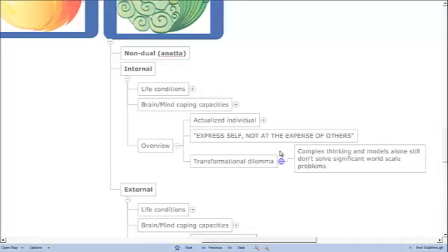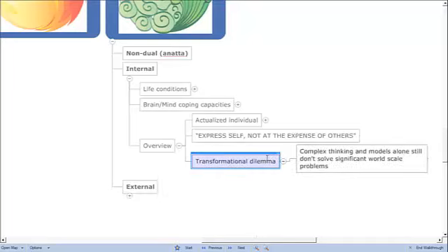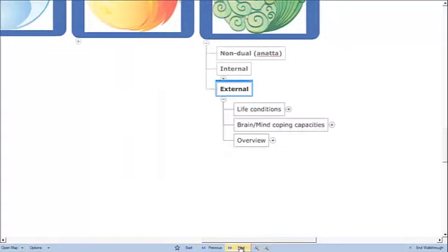So even though you've developed this level of complex thinking, systemic thought, deep ecological interdependent thought, those still don't solve significant world-scale problems. And at this point, you'll either stay at this level or you'll make the quantum leap up to Air External.